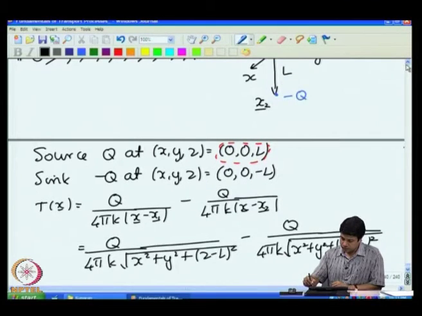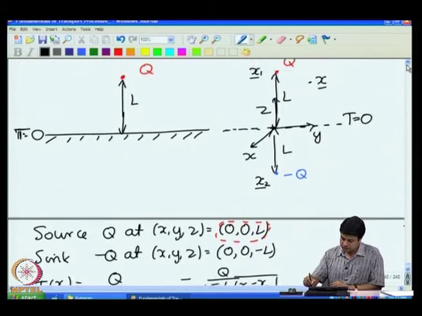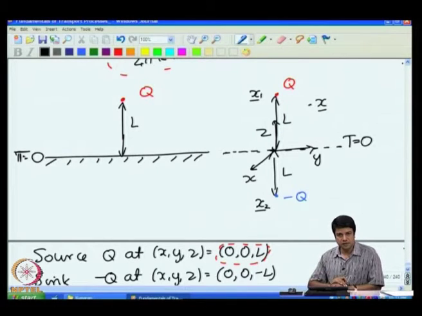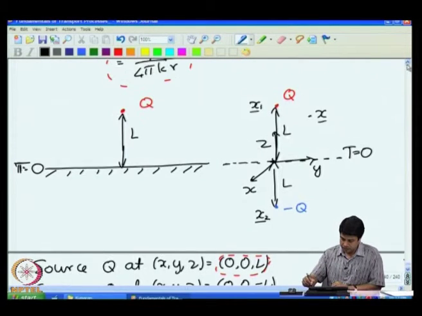And I told you that the temperature field in this second configuration has to be exactly the same as the temperature field due to a point source near a wall. This essentially is the Green's function for the solution when you have a wall present with temperature 0 at the surface.